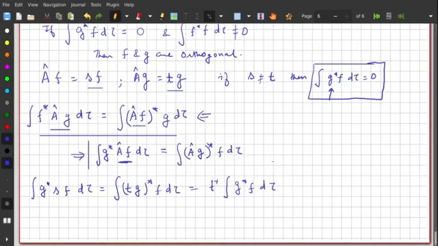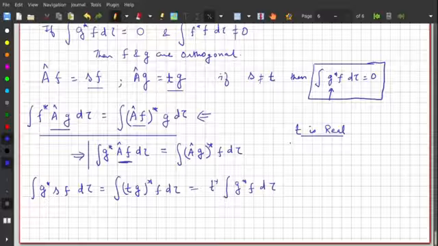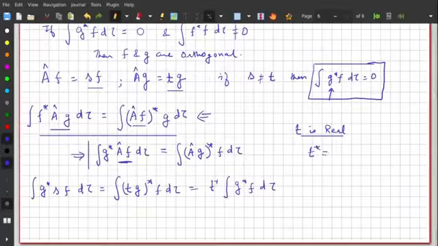And since this is an eigenvalue problem, we know that t is real from the previous property of Hermitian operators, and we know that A is a Hermitian operator, therefore t star is the same as t. So this becomes just t times the integral of g star f d tau.